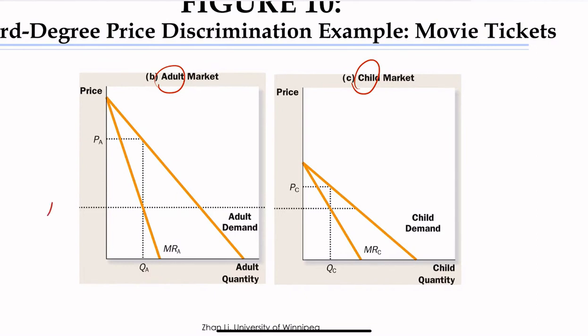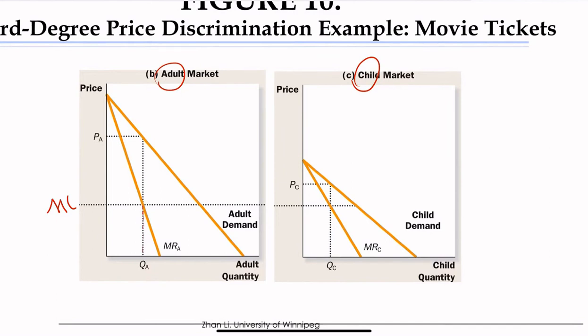So let's say this is the marginal cost given by this dashed line. What you can see here is obviously in both the adult market and the child market, the marginal cost should be the same, right? Because it's the same kind of product. So we will use the old trick. That is, we will cross marginal revenue with the marginal cost. So this gives us quantity, right?